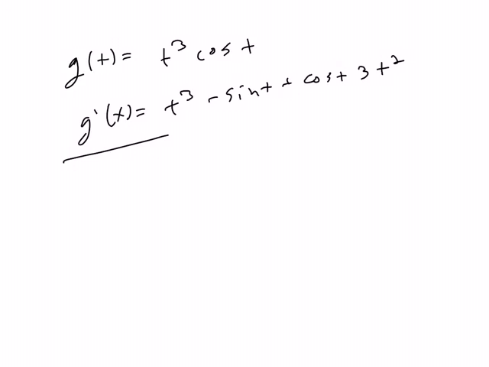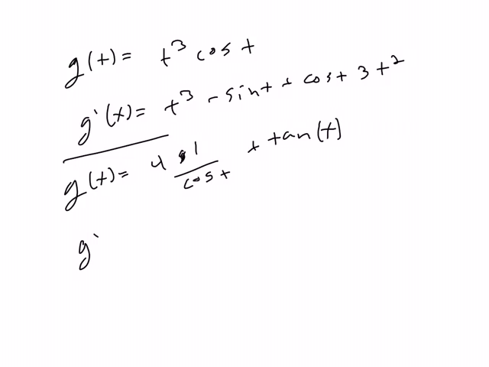Next problem, 6. g of t is equal to 4 over cosine t plus 4 tangent t.